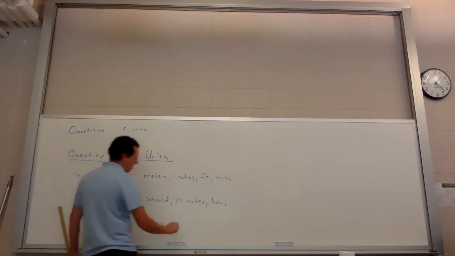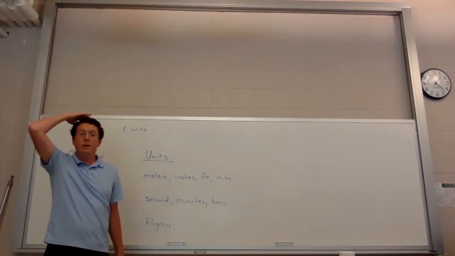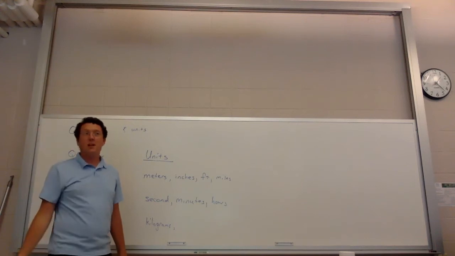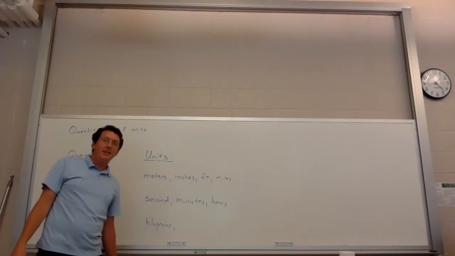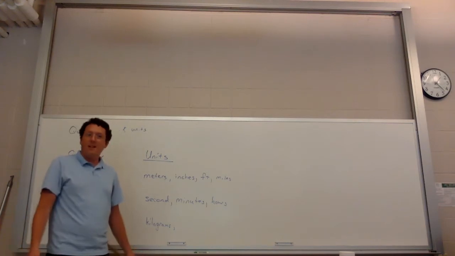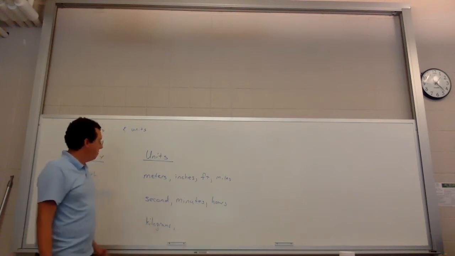And then in everyday language, people use something called a pound. That's actually a little tricky, because there's a concept of pound of force and a concept of pound of mass. In general, they're different, but on Earth, when you're standing right here, they are very closely connected. So we'll come back to that later.